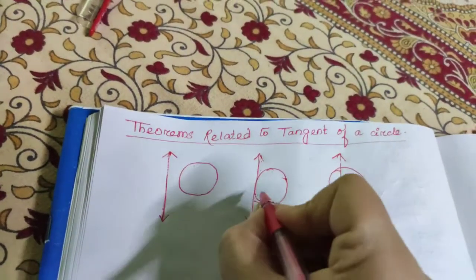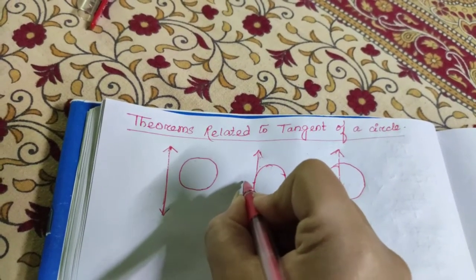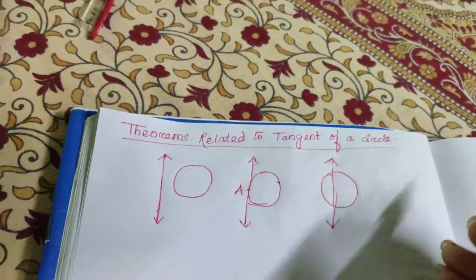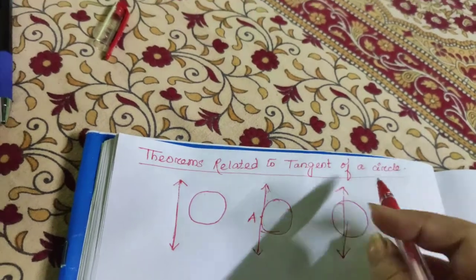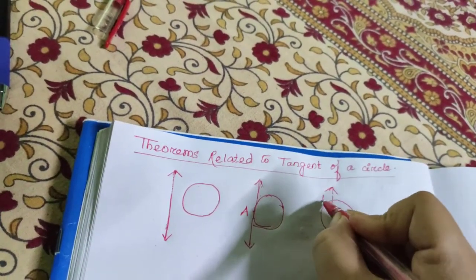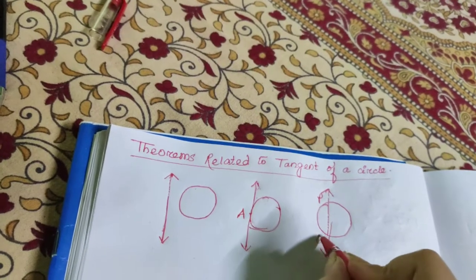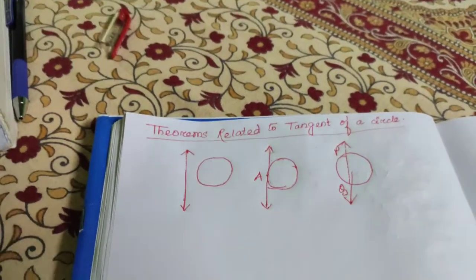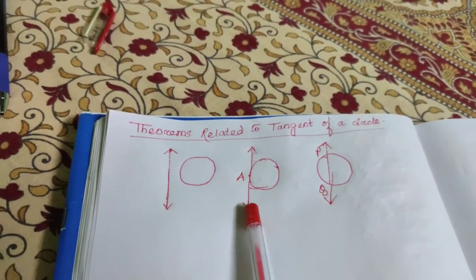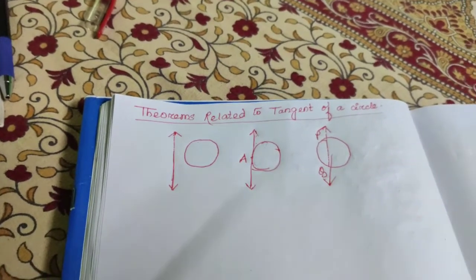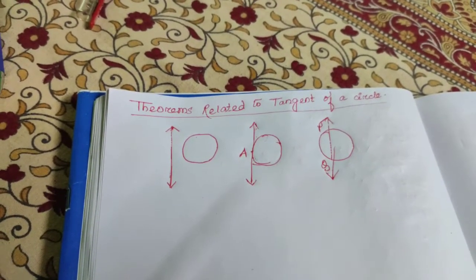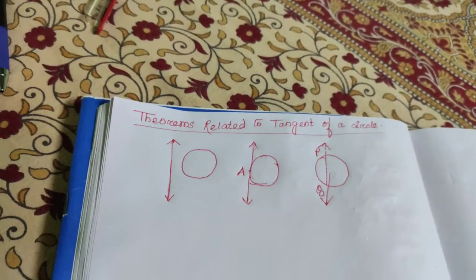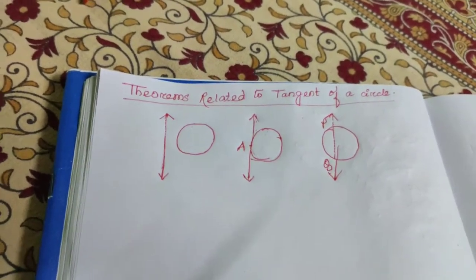Here, the straight line intersects the circle at one point, considering the point is A. And here, the straight line intersects the circle at 2 points, considering the points are P and Q. Where the straight line intersects the circle only at one point, the straight line is called a tangent of the circle.